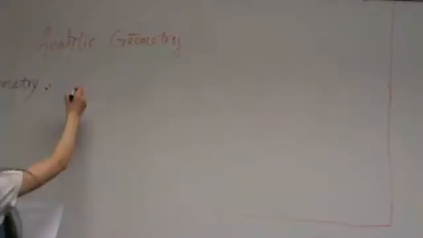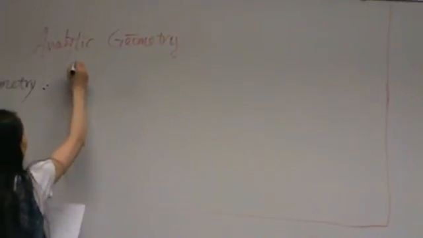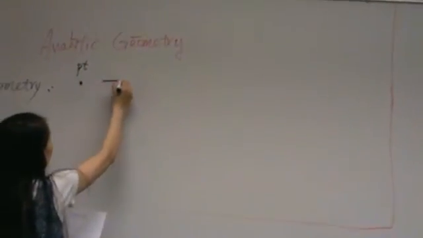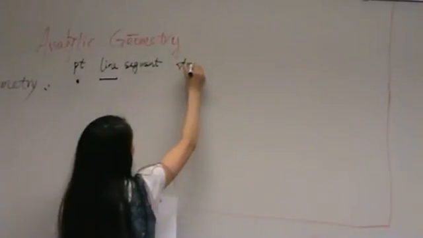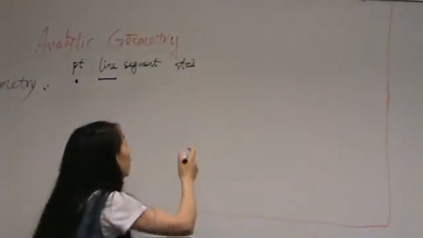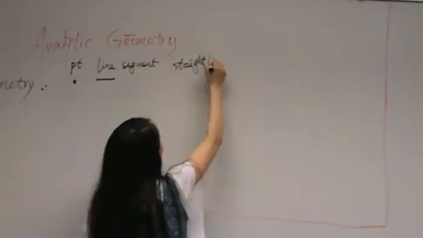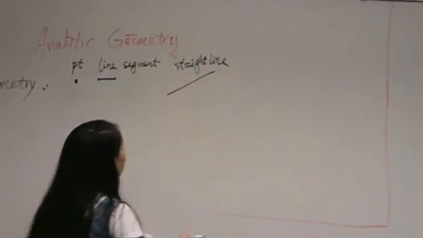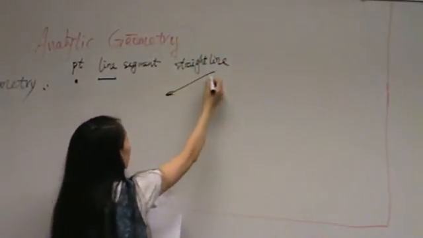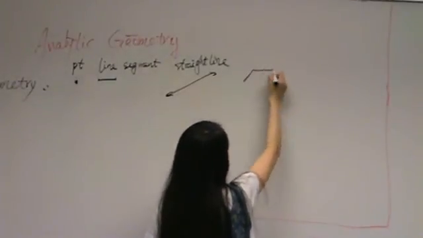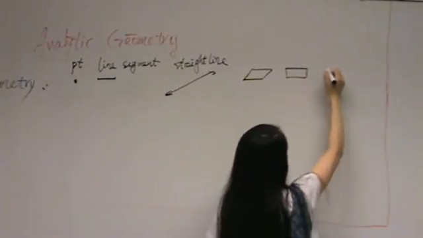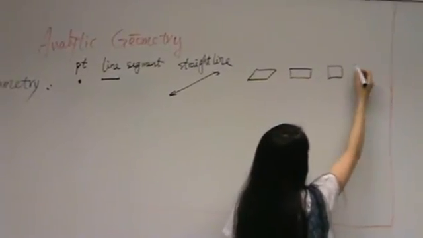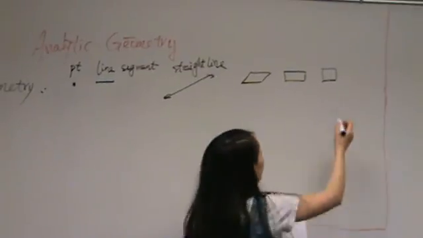You always start with a point, and then you're going to have a line segment, and then you're going to have a straight line, and then you have other figures, for example, parallelogram, or rectangle, or square, or circle.